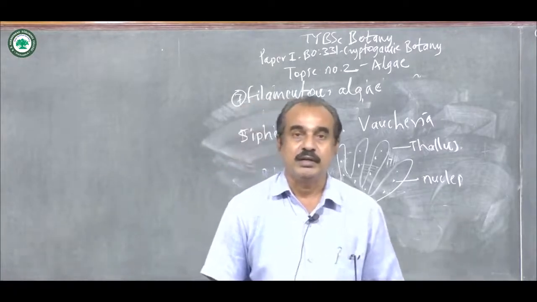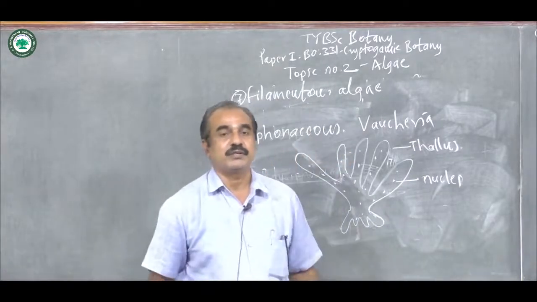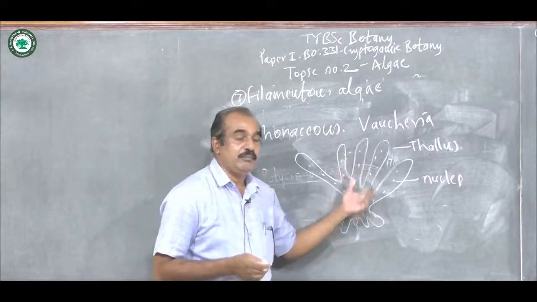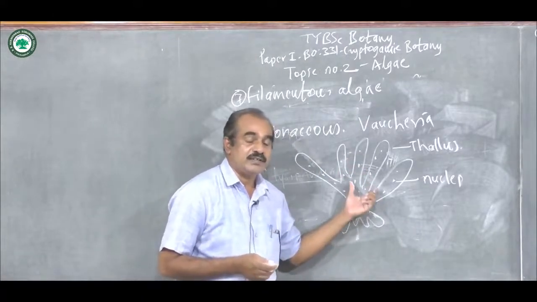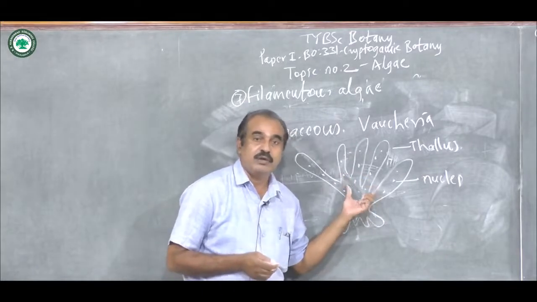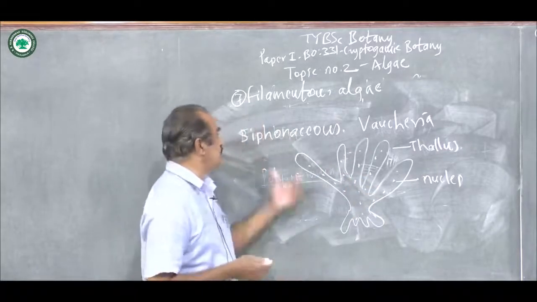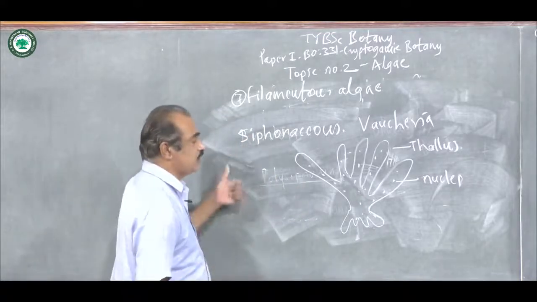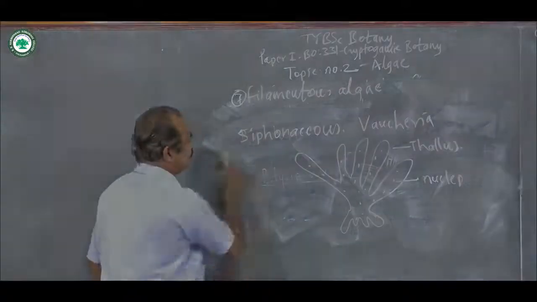There are no septa. It is a very large structure and still a single-cell structure, and it is multinucleate. A number of nuclei are there, and in the thallus there are no cross septa or cross walls. Such a type of structure is called the Siphonaceous structure, just like a siphon.